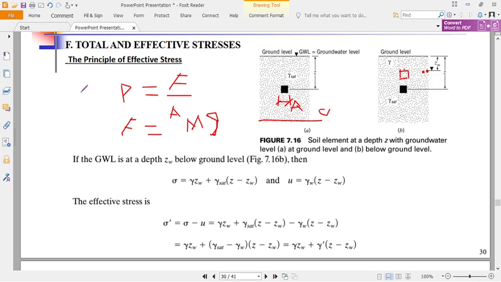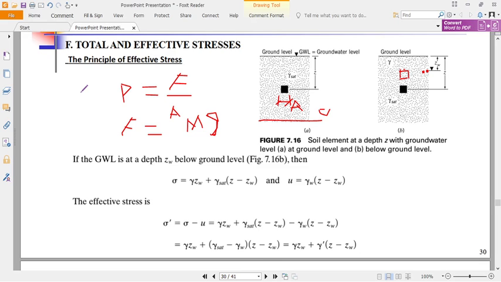So when we substitute in this function, our force is equal to M times G. But what is M? M is equal to density times volume.